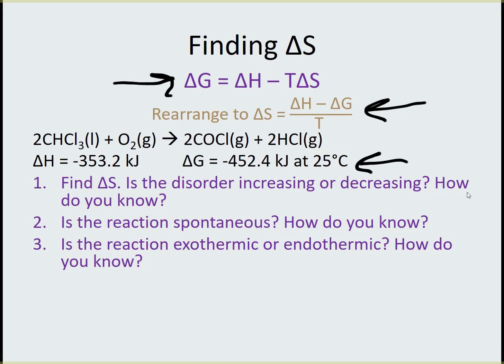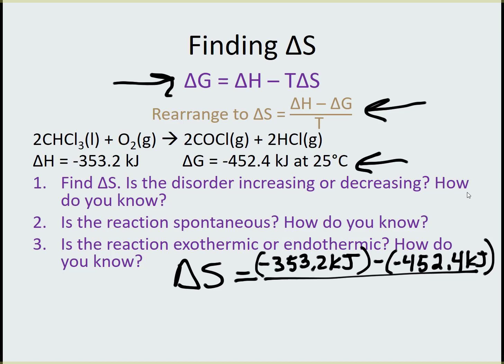So let's go ahead and do that. So delta S is equal to, we do need to convert our temperature from 25 degrees Celsius. So remember, Kelvin is always bigger than degrees Celsius. So we're going to take 273 and add 25 to that number.